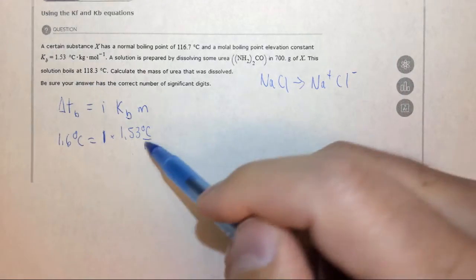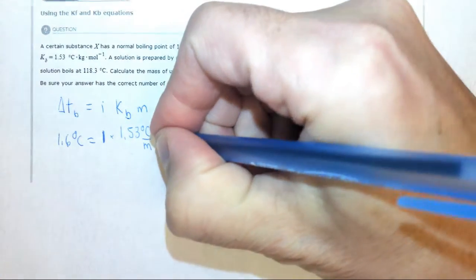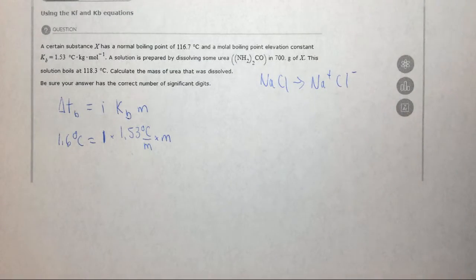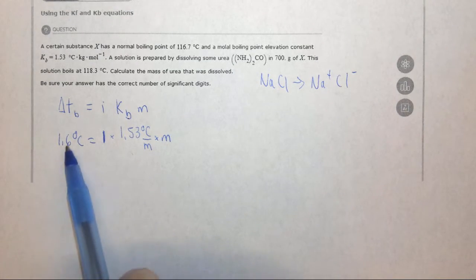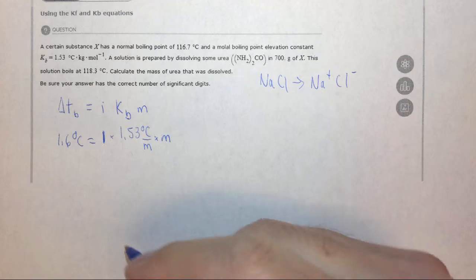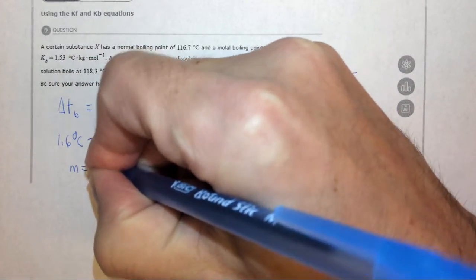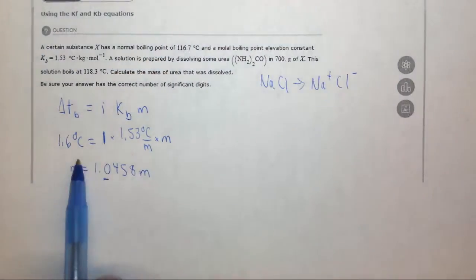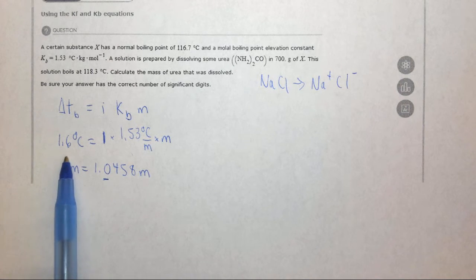Notice that it's upside down because it's divided by, times m, the molality. That's the variable. So essentially, we want to take 1.6 divided by 1.53, and we get molality equals 1.0458 molal. And we care about two sig figs, since our temperature change is two significant figures.